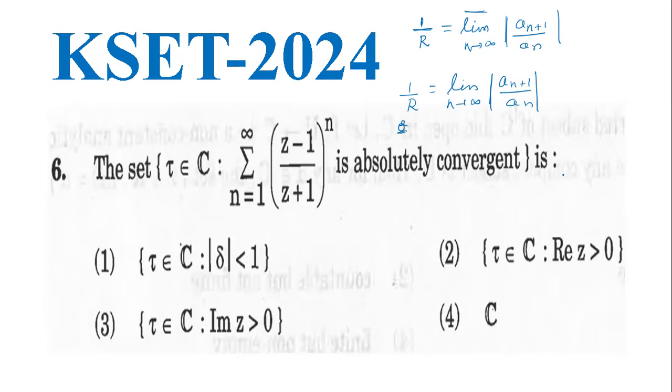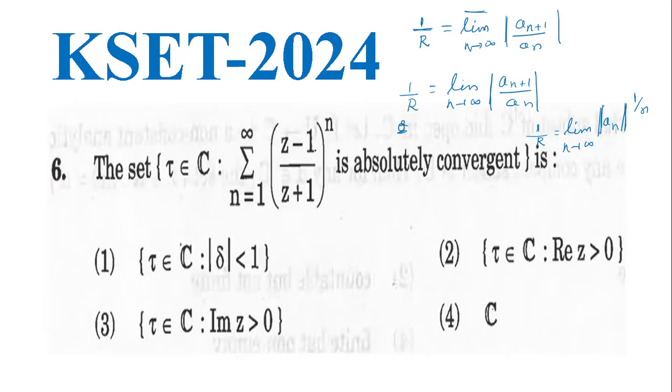Another formula is there. Radius of convergence 1 by R is equal to limit n tends to infinity of modulus of a n whole raised to 1 by n.